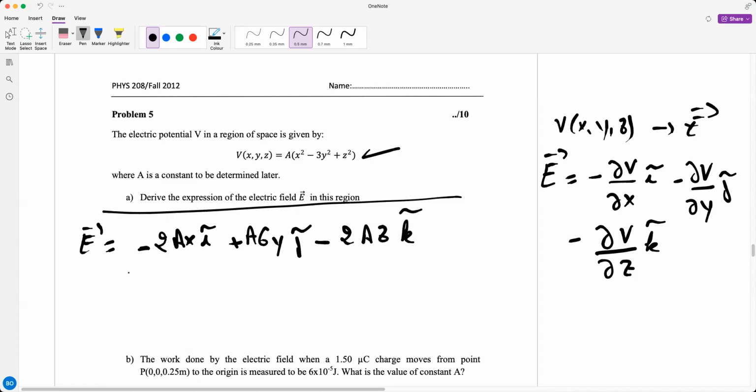This is the electric field. Any question?